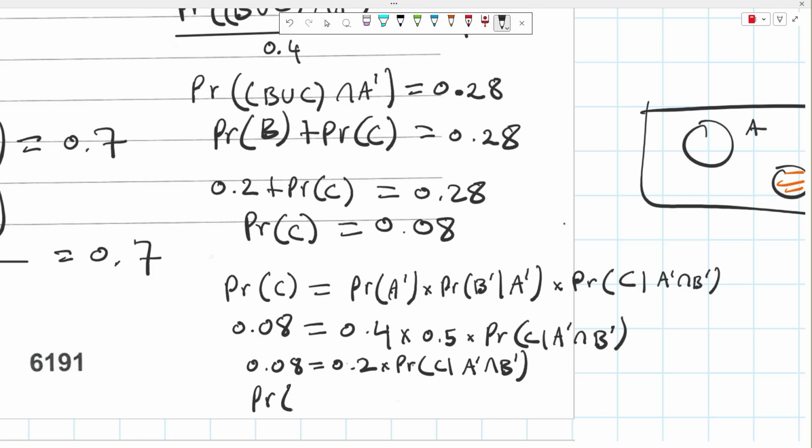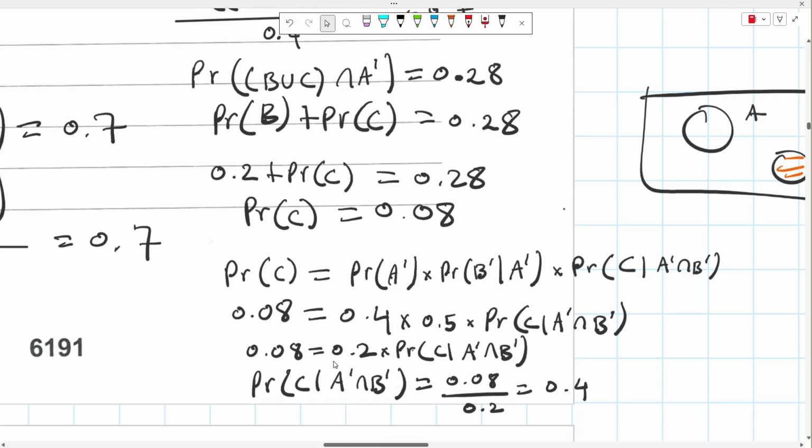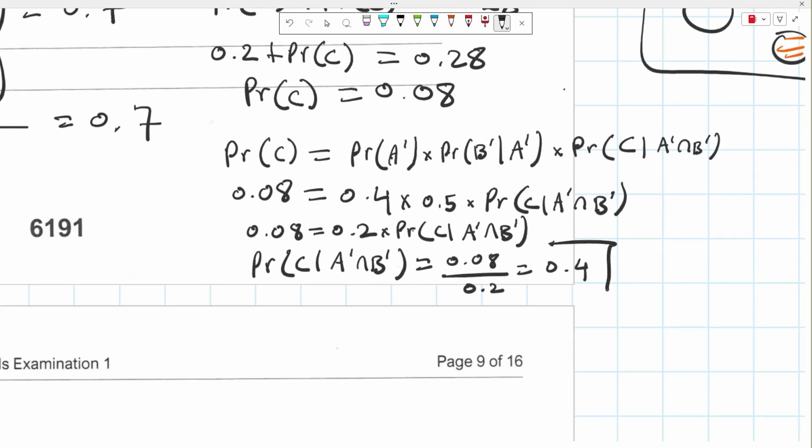And so if you divide both sides by 0.2, we get the probability of C given not A and not B, which is what we wanted to find, is going to be 0.08 divided by 0.2, that's going to be 0.4. And that's going to be our final answer.